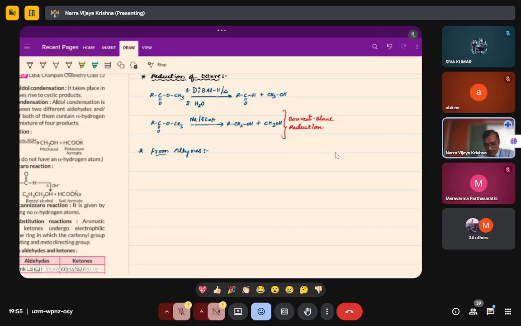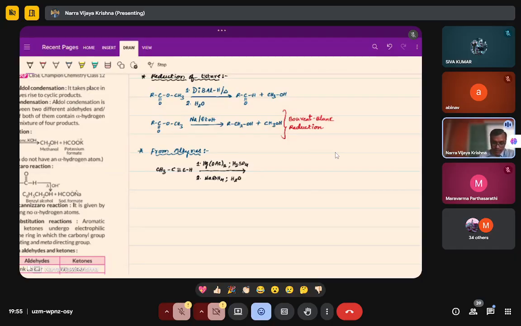I am taking from alkynes: CH3, C triple bond CH, an alkyne, allowed to react with Hg(OAc)2 in presence of H2SO4, followed by reaction with sodium borohydride, NaBH4, in presence of H2O.